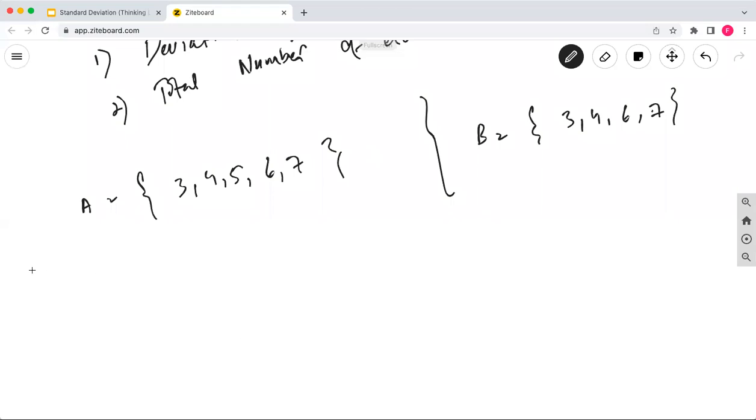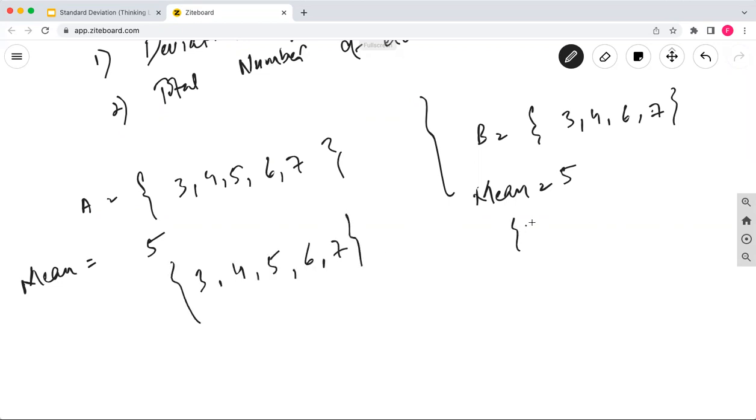And what is the mean of these two sets? The mean of the first set is 5, and the mean of the other set is also 5. If you see the deviation of each element from the mean, we have 3, 4, 5, 6, 7, and we have 3, 4, 6, and 7.